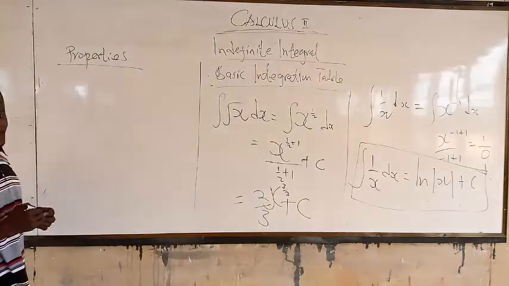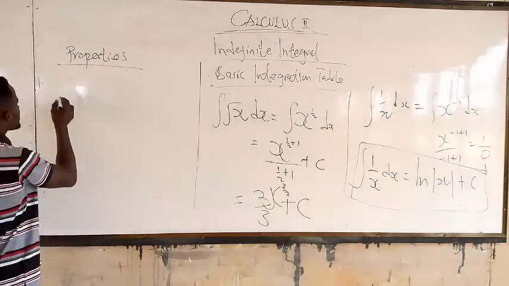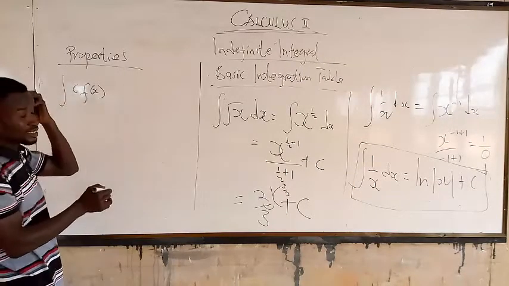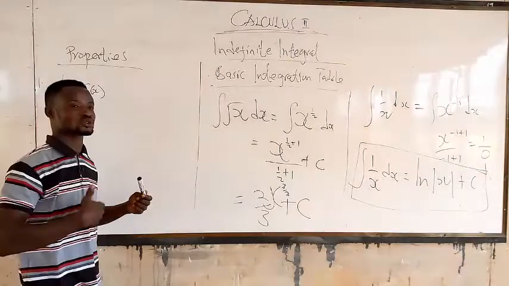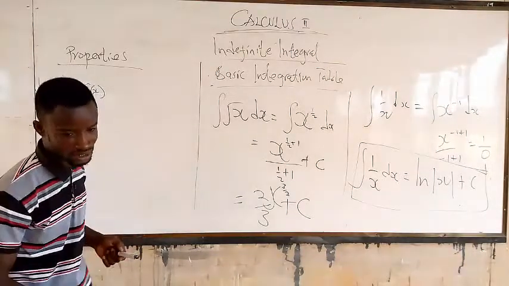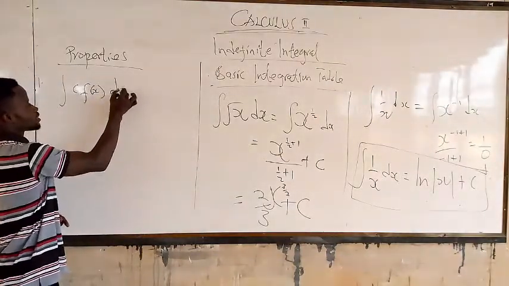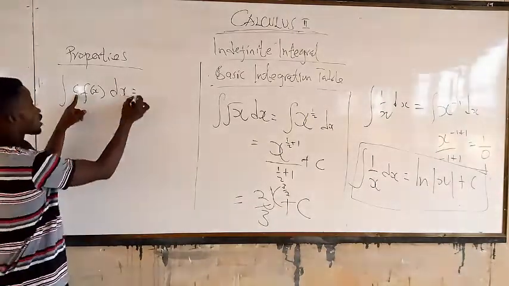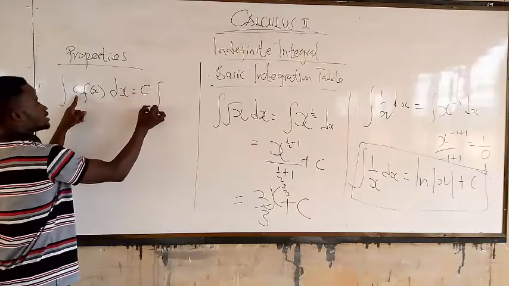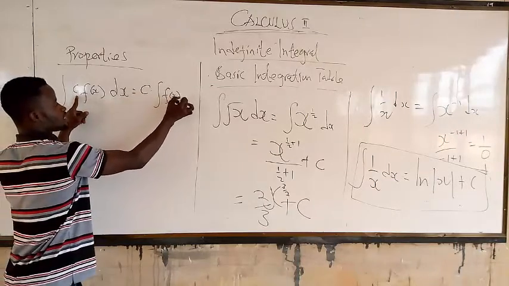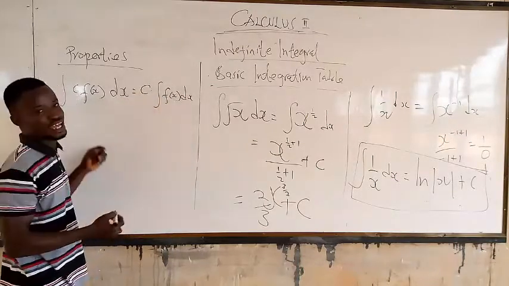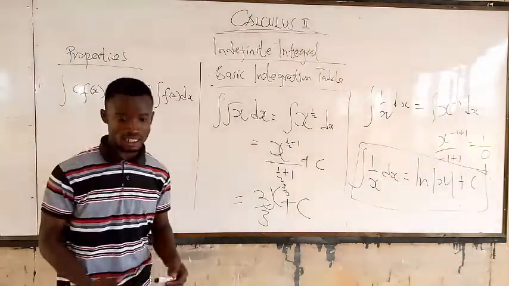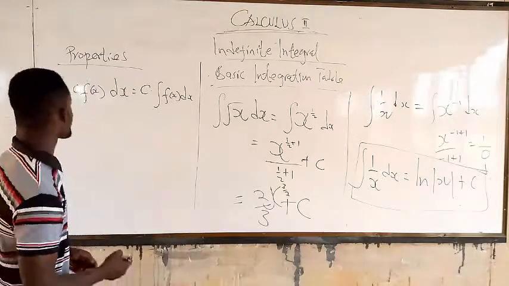The first property is that whenever you integrate a constant and a function, let's say 2 n squared, 2 to the power 3, and those things, when you are integrating with respect to s, you can pull out the constant and integrate the f of s with respect to s. Then when you are done, you multiply your result by the constant. Correct.